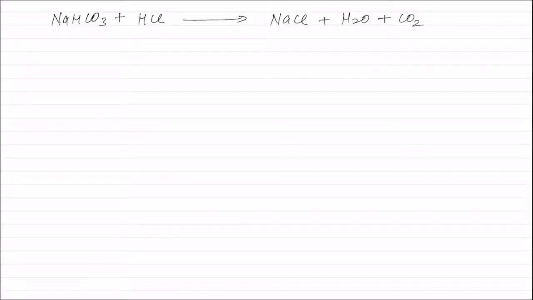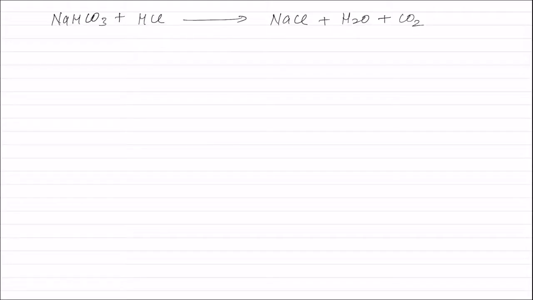Therefore, equivalents of sodium carbonate present in the solution plus equivalents of NaHCO3 formed from sodium carbonate plus equivalents of NaHCO3 which is present originally in the mixture will be equal to equivalents of HCl used up in the reaction.